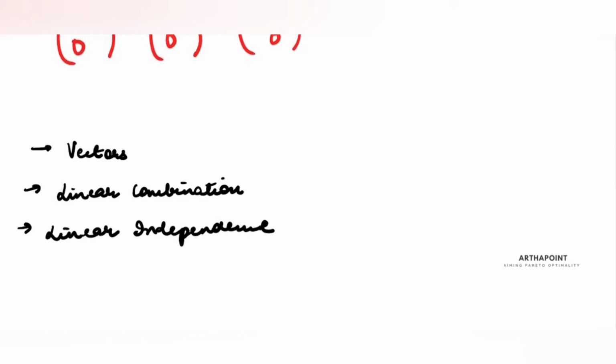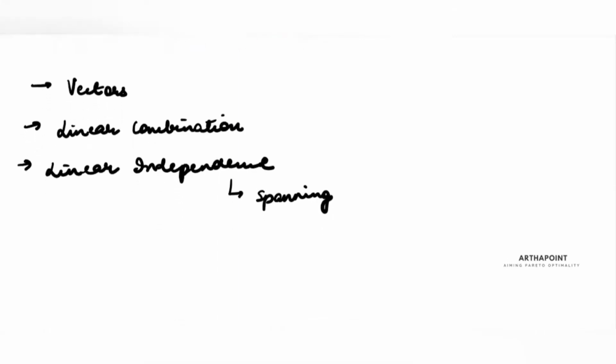From linear independence of vectors, we talked about spanning the entire vector space. We also talked about how we can show whether vectors span the entire vector space, whether some vector belongs to the span of the vectors or not. And then we talked about basis and dimension of vectors.